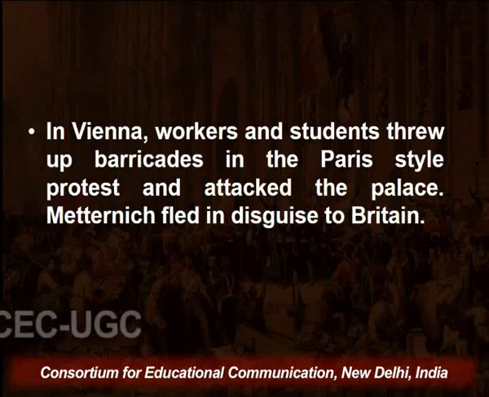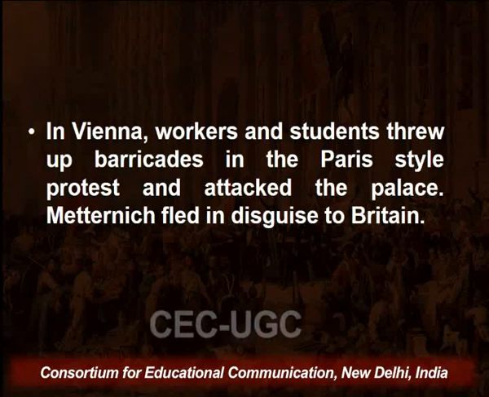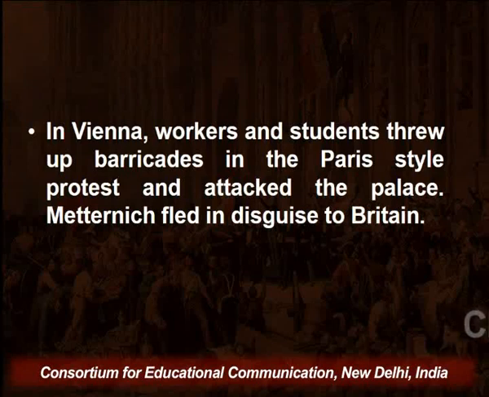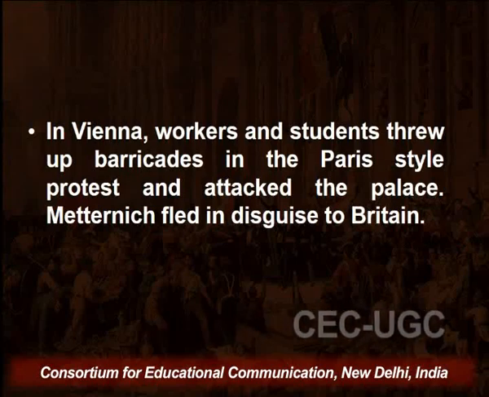In Vienna, workers and students threw up barricades, again in the Paris style of protest. As I was earlier speaking to you, the imagery of the French Revolution was still very vivid and clear in protesters' minds, and they would almost try to mimic the way protests were carried out, the way barricadings were done.